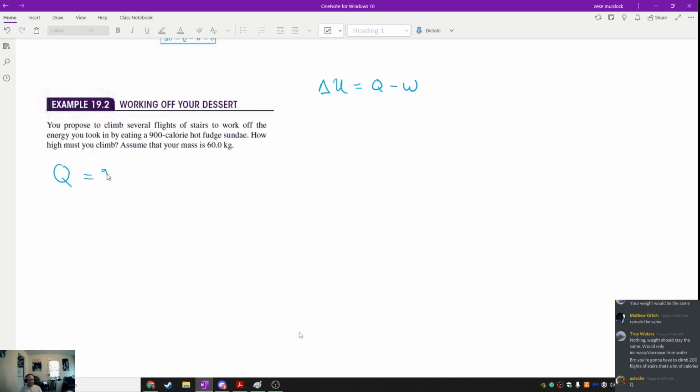So Q is 900 calories, but we need to convert that into joules. It's a food calorie, so this should really be a capital C. In a food calorie, I believe there's 4186 joules for 1 calorie. So we can convert that.